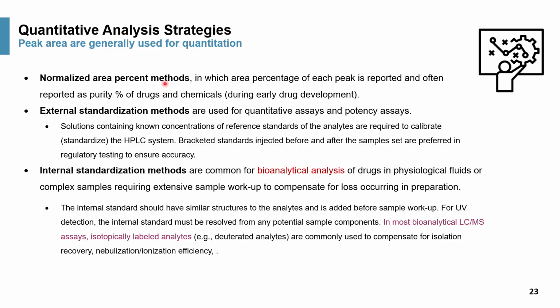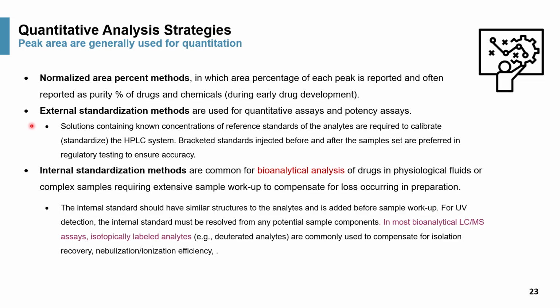But in the early stage, when you don't have a lot of reference data, this is allowable and understandable by the regulatory agency. So the area percentage of each peak is reported, called the HPLC area percentage, and it's almost taken as equivalent to weight percentage.